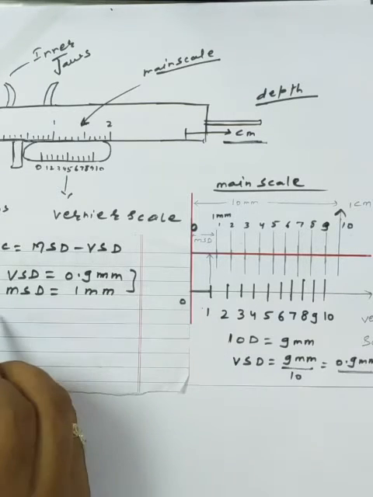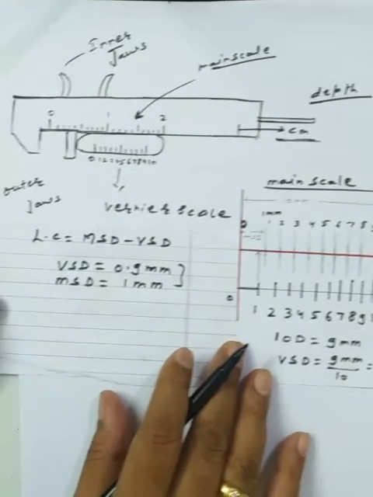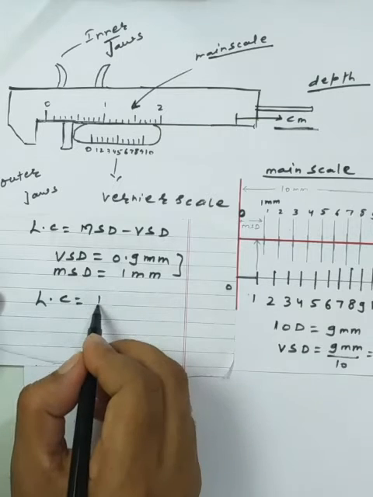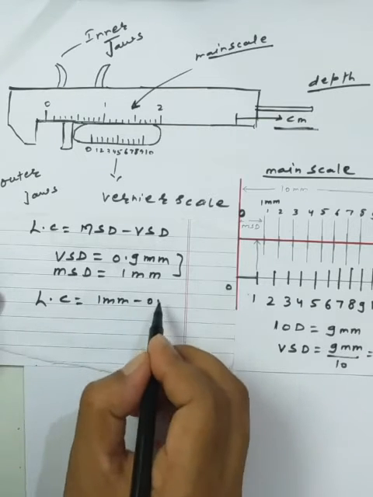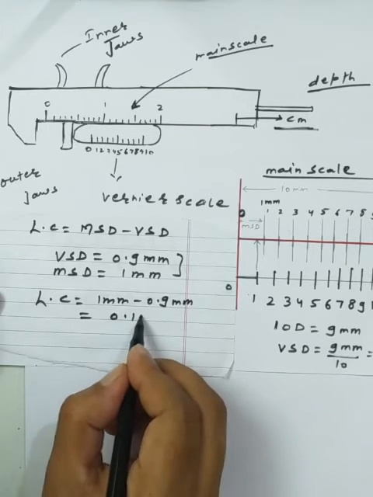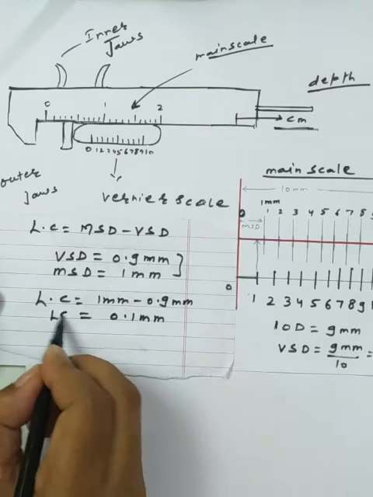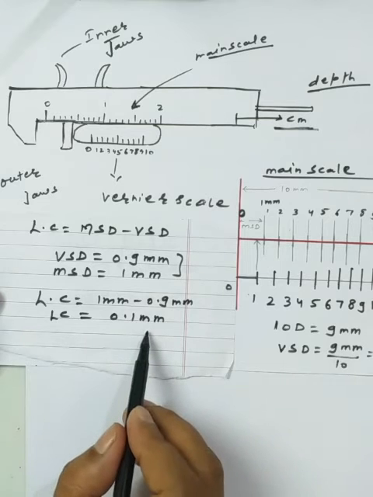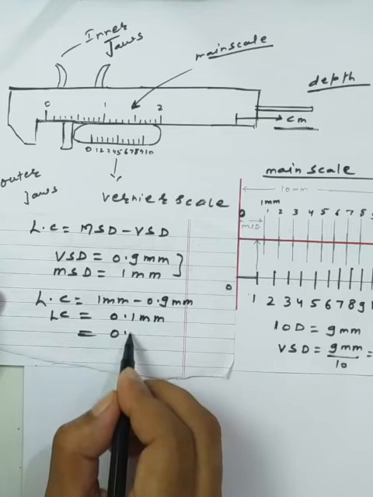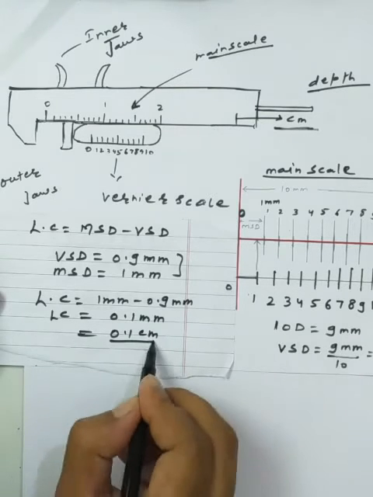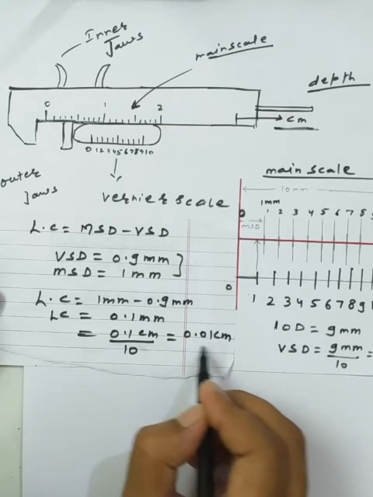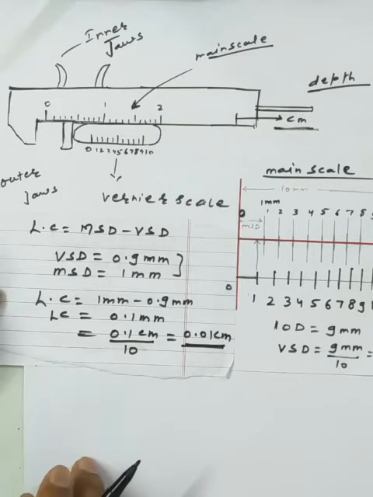So whenever we want the least count, what can we write? Least count is equal to 1 mm minus 0.9 mm, so it comes to 0.1 mm. In mm, the vernier calipers have a least count of 0.1 mm. Converting into centimeters, 0.1 mm is 0.1 cm divided by 10, so it comes to 0.01 centimeter. That is simply the least count of the vernier calipers.